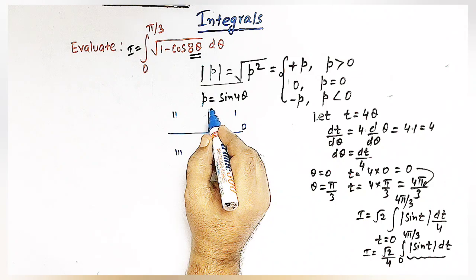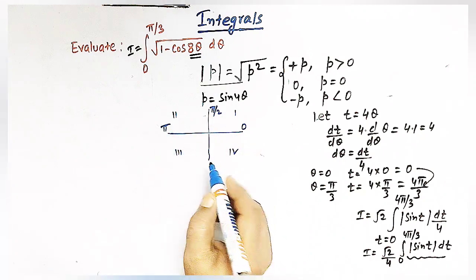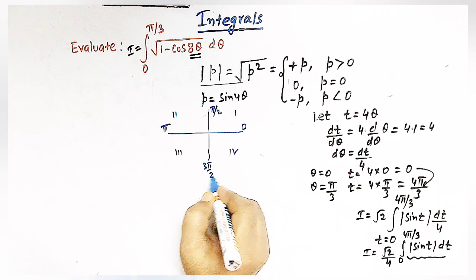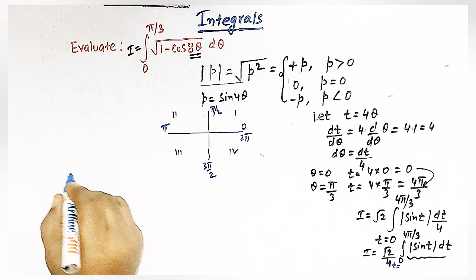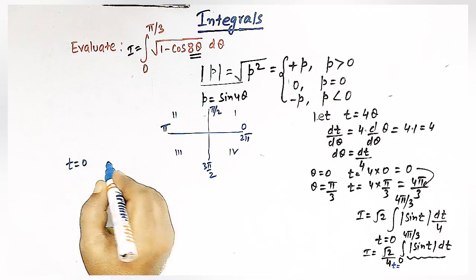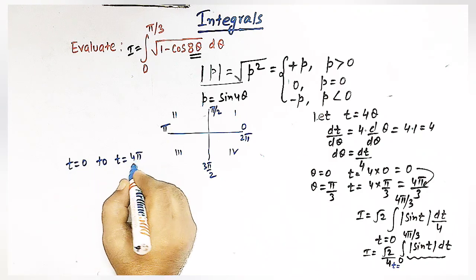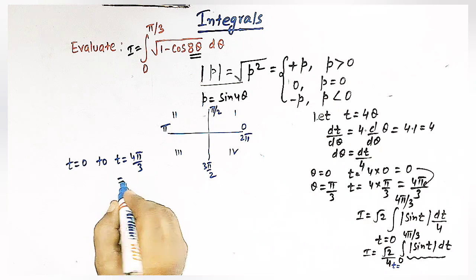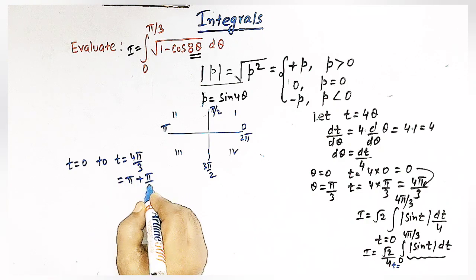Here we have 0, and here we have pi by 2, this is pi, this is 3 pi by 2, and here we have 2 pi, right? And here the limits of integration vary from 0 to 4 pi by 3, that is t is equal to 0 to t is equal to 4 pi by 3, and let us write 4 pi by 3 as pi plus pi by 3.